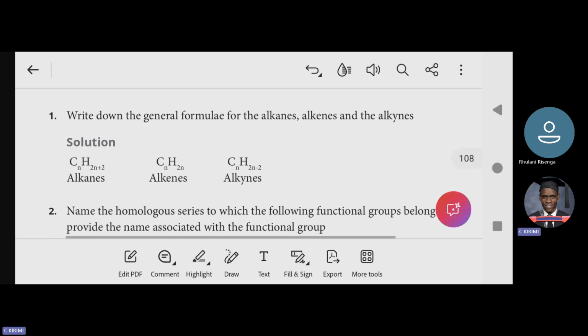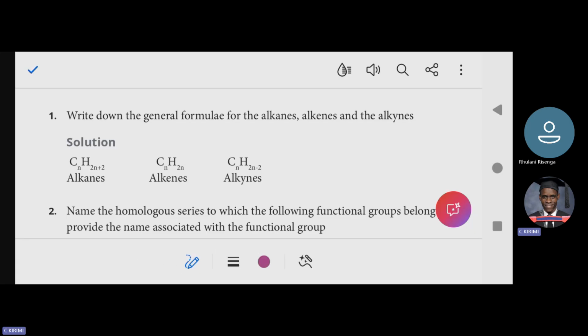So here they're just saying write the general formula for the alkanes, alkenes, and alkynes. We are just refreshing our memory. We are not saying that you don't know it, you already know, but we are refreshing the memory so that when you are doing questions, your memory will be refreshed.